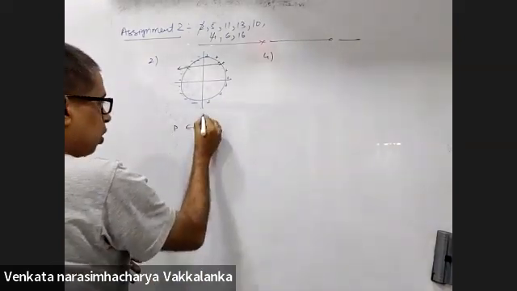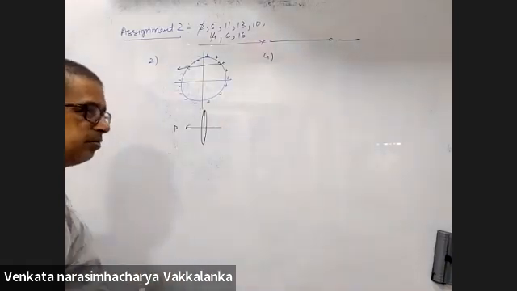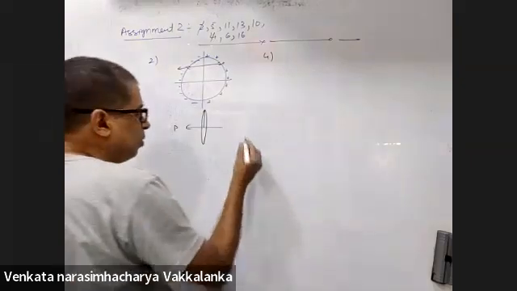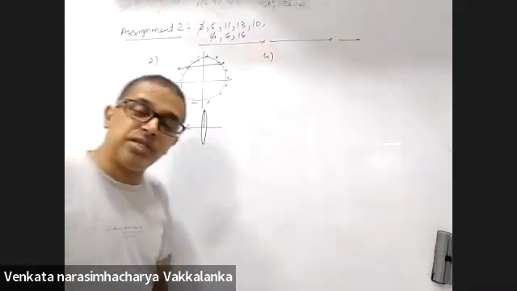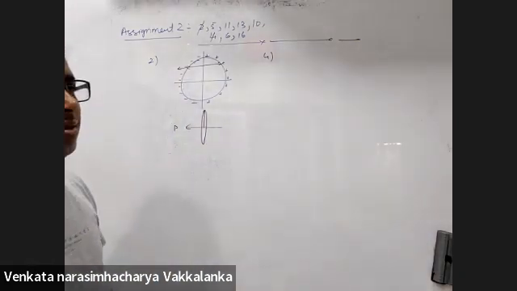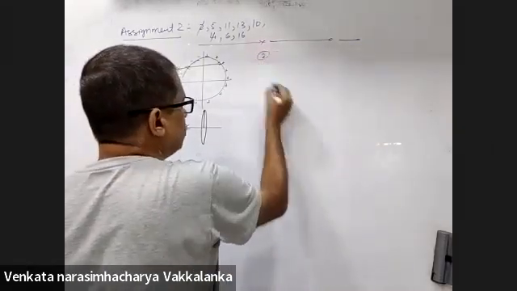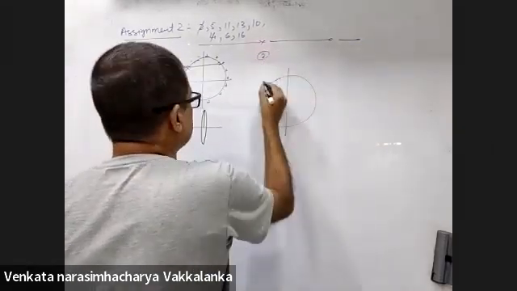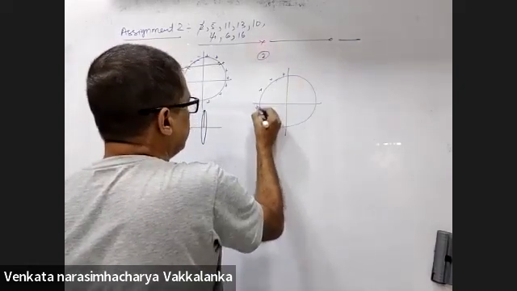Along this perpendicular bisector, will the potential be 0 anyway? For a dipole, what is the expression for potential? P cos theta. Theta is 90. This side was positive, this side was negative.